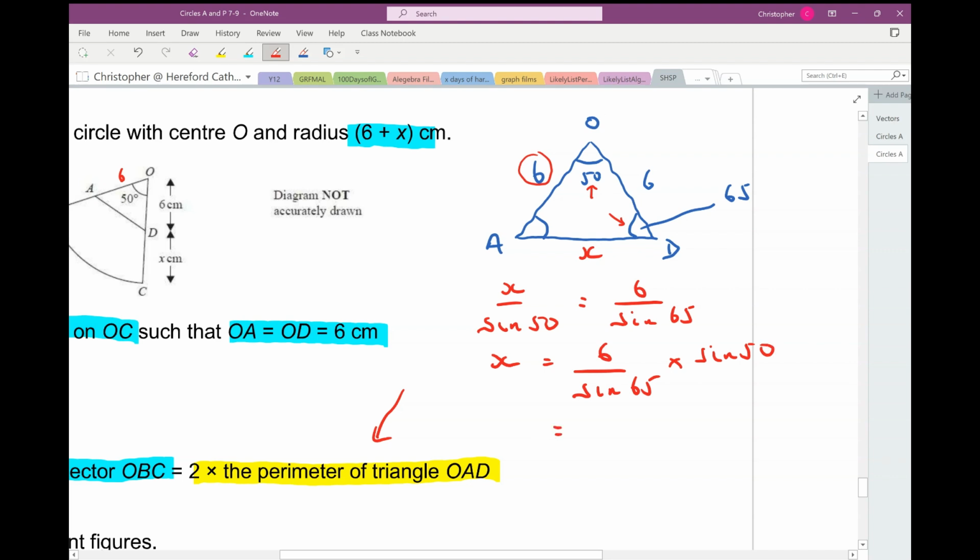I can put that in my calculator and discover that x is 5.0714. So the perimeter of this triangle is going to be 6 plus 6 plus 5.0714, so the perimeter is 17.0714. Now I've found the perimeter of the triangle OAD.